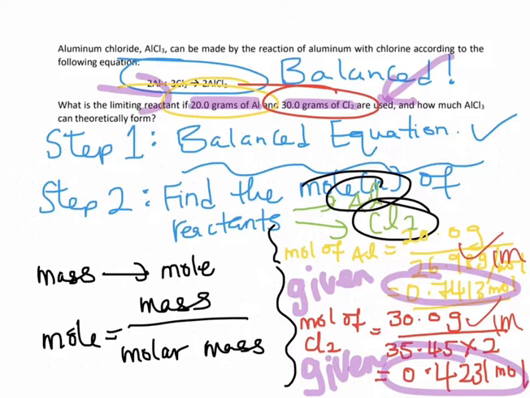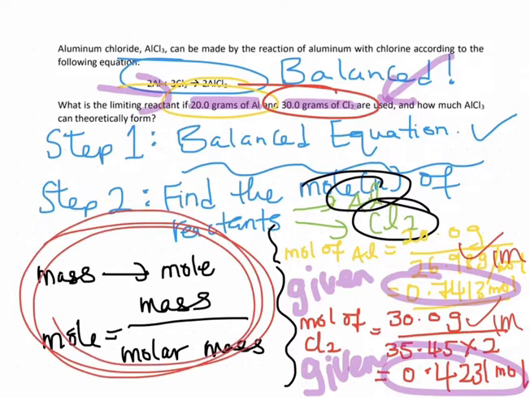So a very good tip for this kind of question, if you really don't know how to start, but you do know that you need to have a balanced equation, always try to work out your mole. Try to find the number of mole.